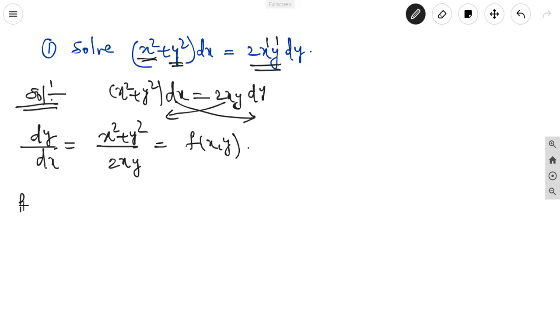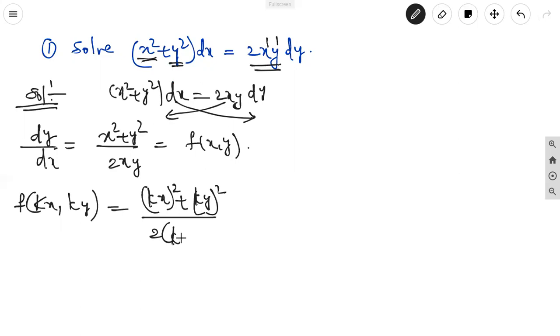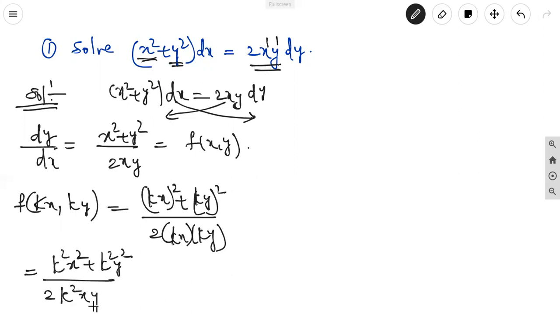Now we take the function of x comma y, writing kx in the place of x and ky in the place of y. It is equal to kx whole square plus ky whole square by 2 into kx into ky, which is k square x square plus k square y square by 2 k square xy.